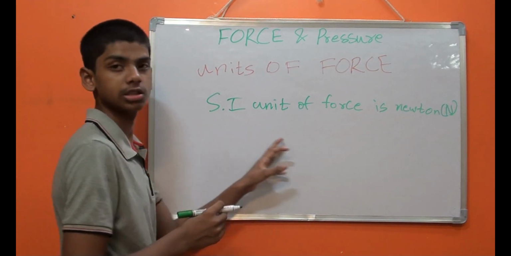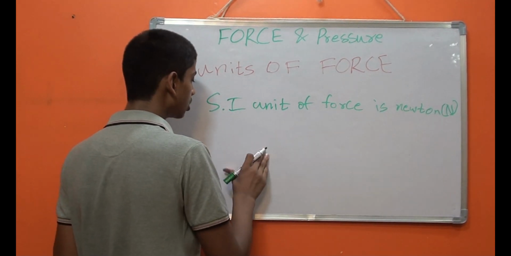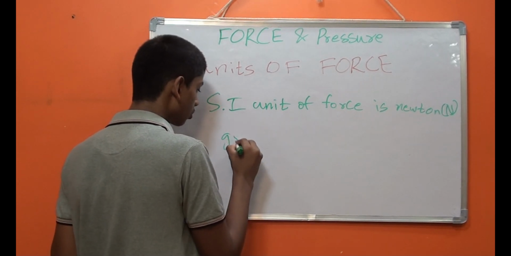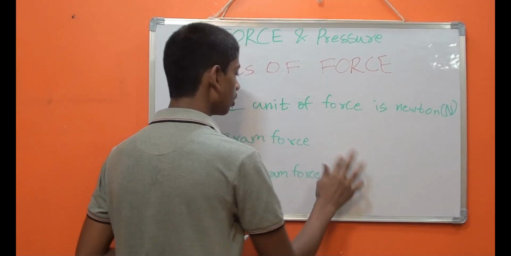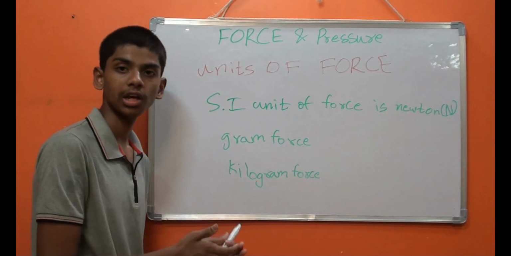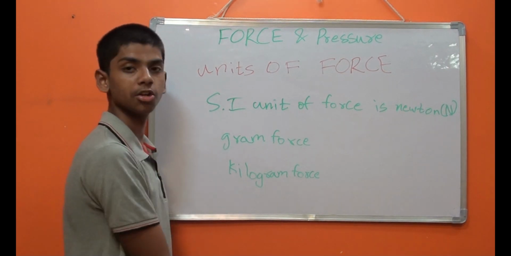Now let's see the next kind of unit, which is gram force and kilogram force. Gram force means take an item which weighs 1 gram and hold it in your hand.